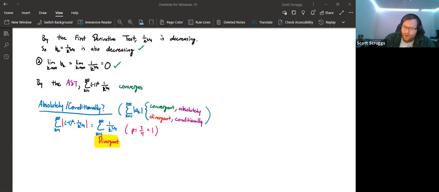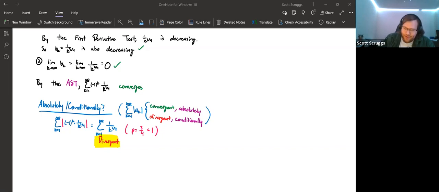And so overall, the original series does converge, but the series diverges if I take the absolute value, so that means my series is conditionally convergent.